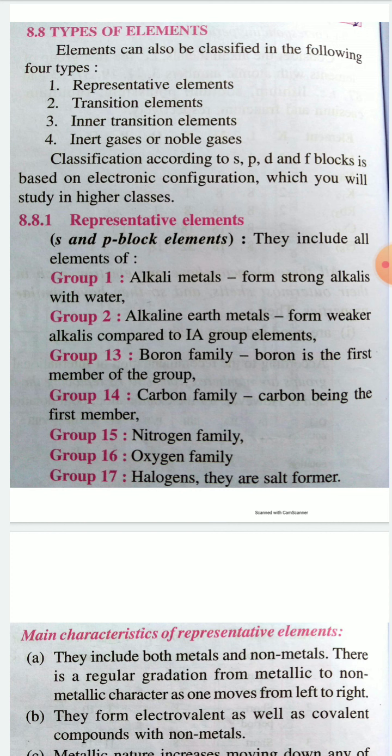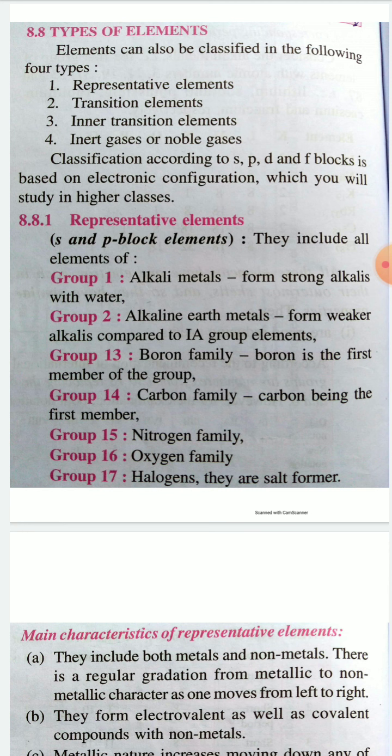First, group 1 elements. Group 1 elements are also called alkali metals. Which elements? Lithium, sodium, potassium, rubidium, cesium, francium. These elements present in group 1 of the modern periodic table are called alkali metals because they form strong alkalis with water.